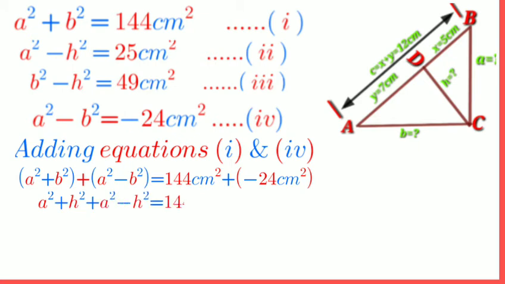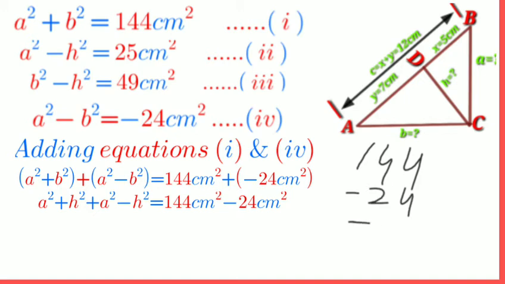So A square plus B square plus A square minus B square is equal to 144 square centimeter minus 24 square centimeter. The difference of the 144 square centimeter and 24 square centimeter is 120 square centimeter.